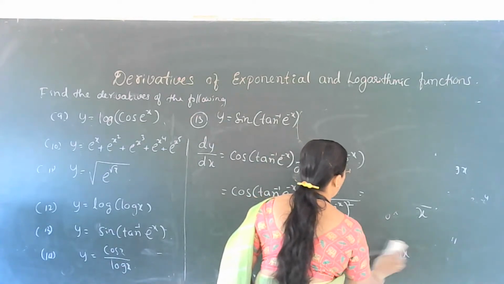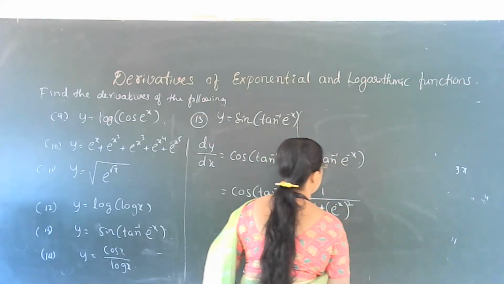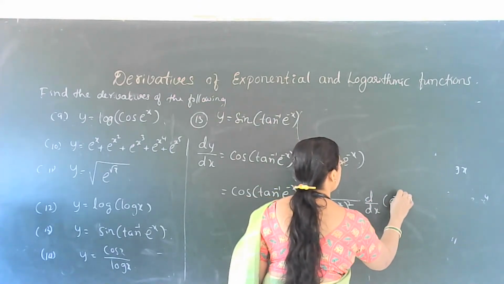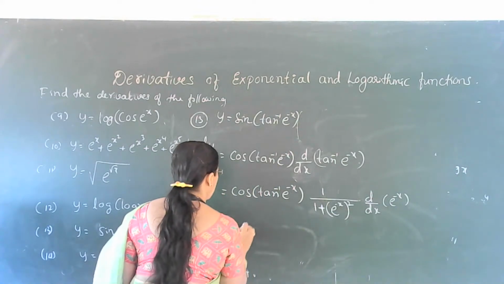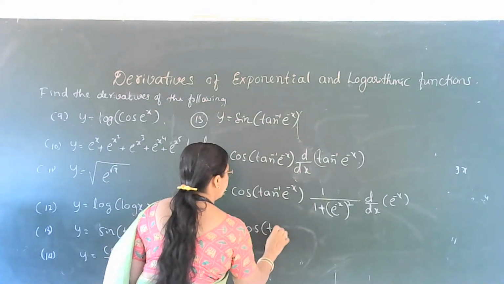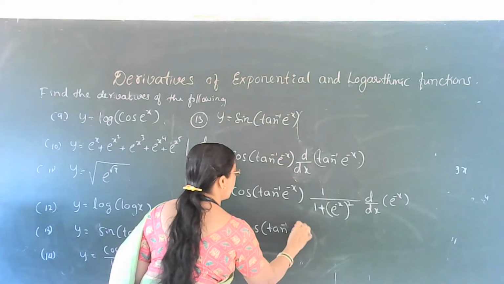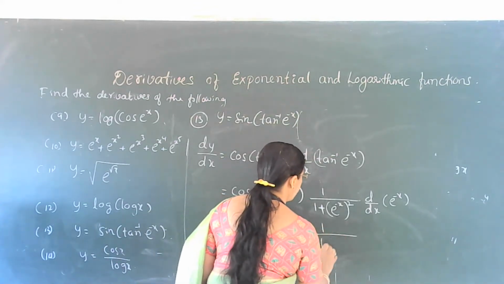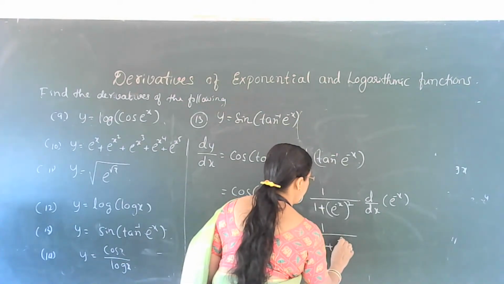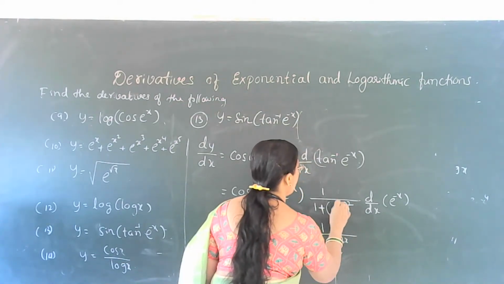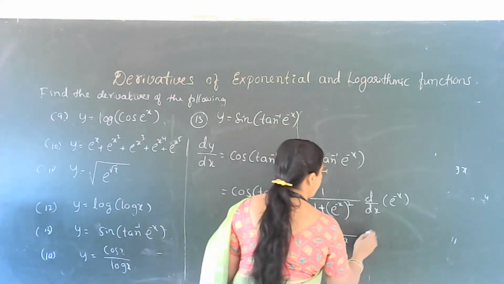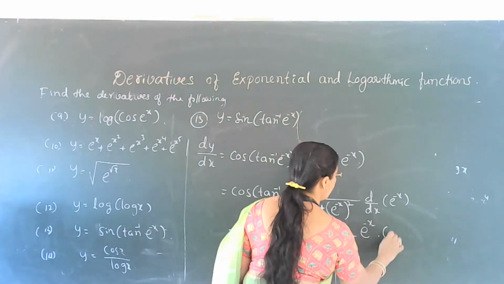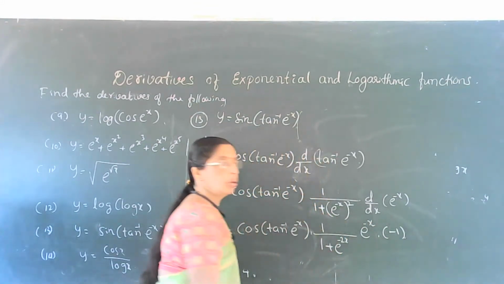Then the derivative of e to the power minus x, d by dx of e to the power minus x, by using the chain rule. Cos of tan inverse of e to the power minus x, 1 by 1 plus e to the power minus 2x, multiplied by d by dx of e to the power minus x, which is e to the power minus x into minus 1.